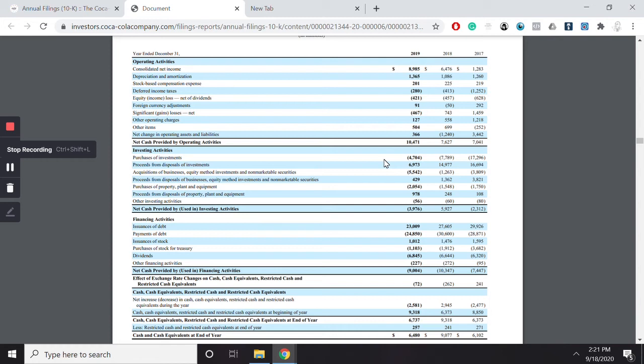So, for example, here we have acquisitions of businesses, equity method investments, and non-marketable securities. So this is money they've outlaid to acquire other businesses. I believe the big one in this year was they bought Costa Coffee, which is a chain of coffee shops in about 25 or 30 countries.